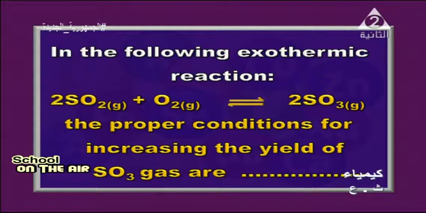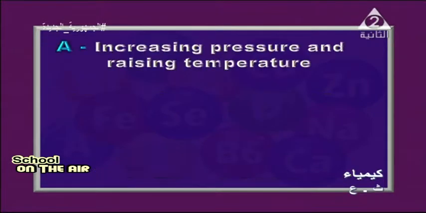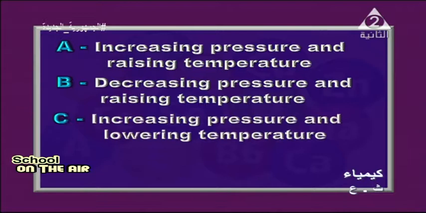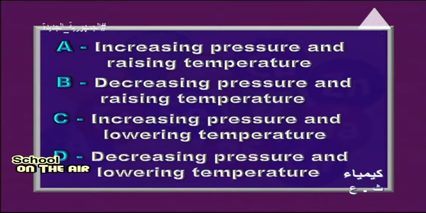And as the number of moles of reactants is 3 and the number of moles of products is 2, increasing the pressure shifts the reaction forward, giving more SO3. If you look at the choices: increase pressure and raise temperature, decrease pressure and raise temperature, increase pressure and lower temperature, decrease pressure and lower temperature. The right answer is increasing pressure and lowering the temperature.